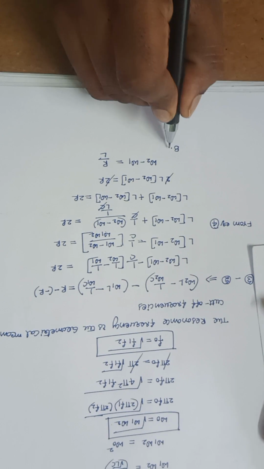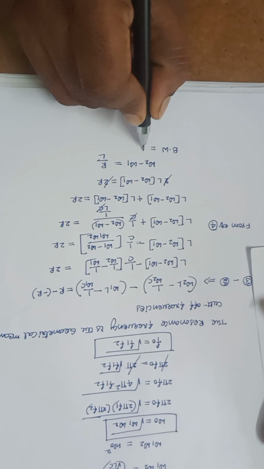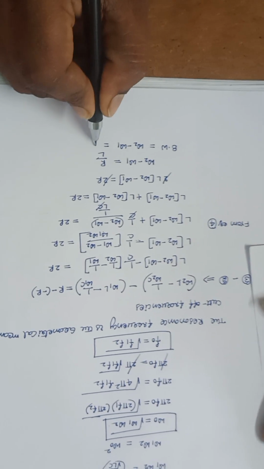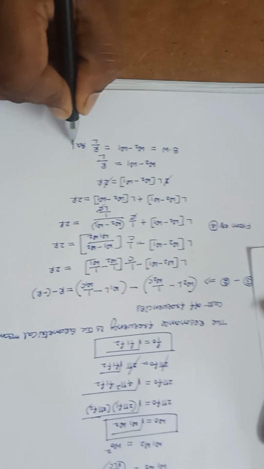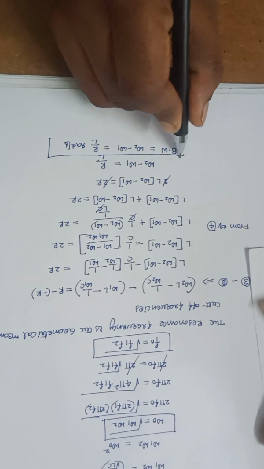Which is nothing but the bandwidth here. Bandwidth BW is equal to omega 2 minus omega 1, that is equal to R by L. It is in radians per second. So this is the bandwidth equation.